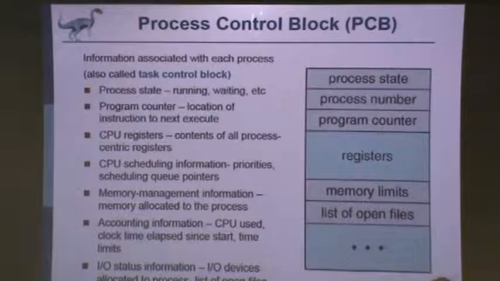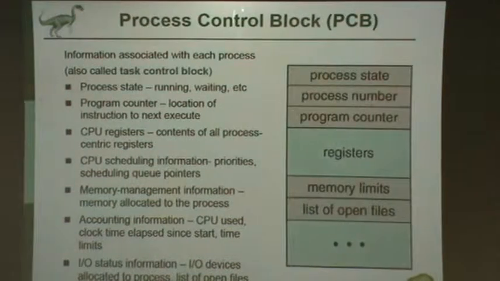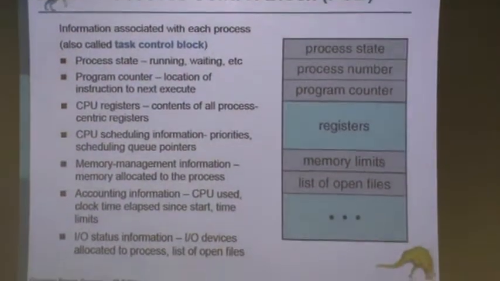PCB is the process control block that includes most of the important information about each process. Each process has one PCB, and the operating system will manage a number of processes using the PCB, not by directly accessing the process itself.